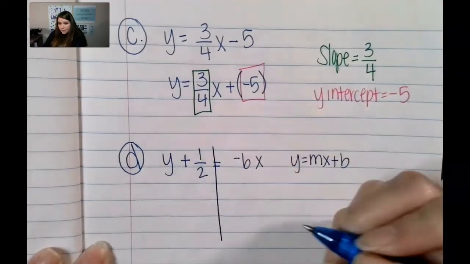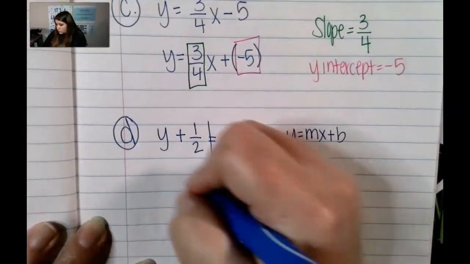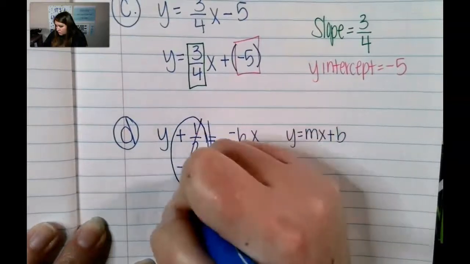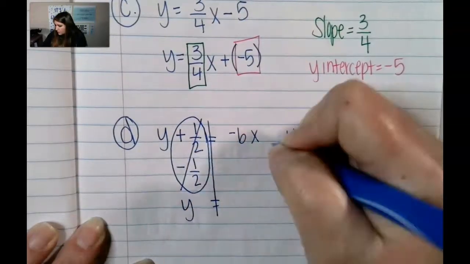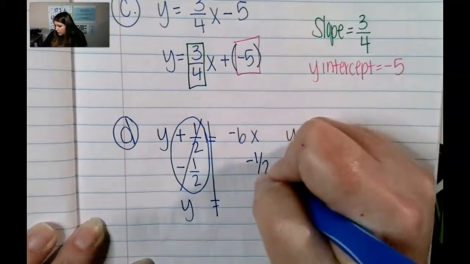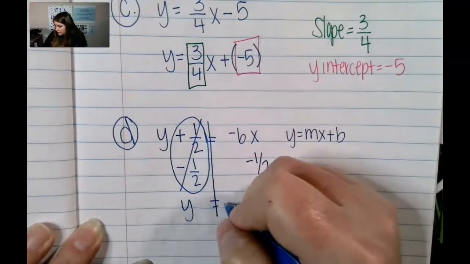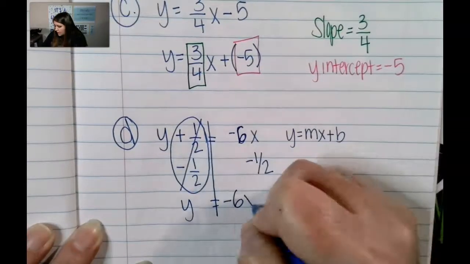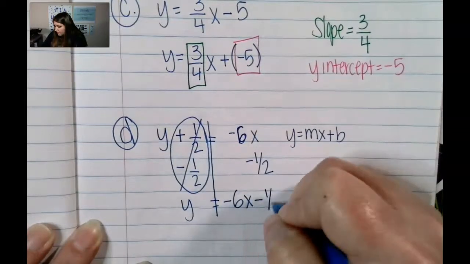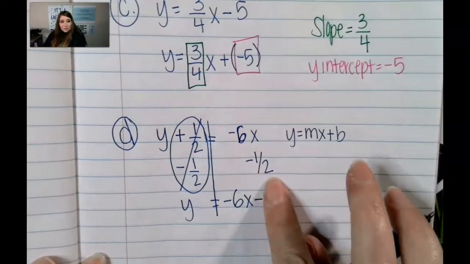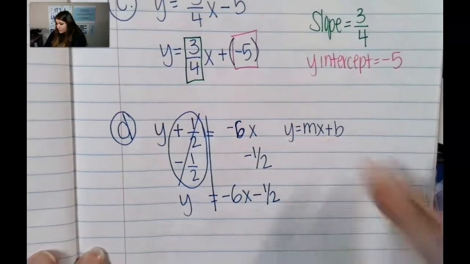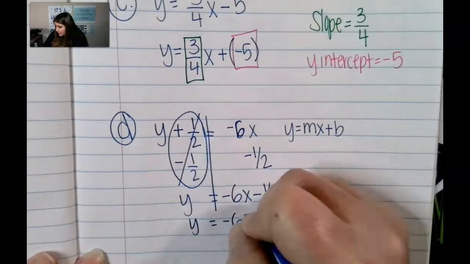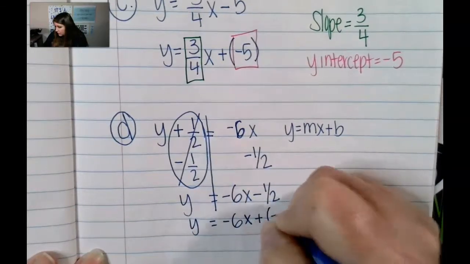So again, we're going to draw our balance line. We're going to remove 1/2 so that it zeroes out. And over here, we need to subtract 1/2. So y equals -6x minus 1/2. But again, it says minus 1/2. We want it to have an addition. So y equals -6x plus -1/2.